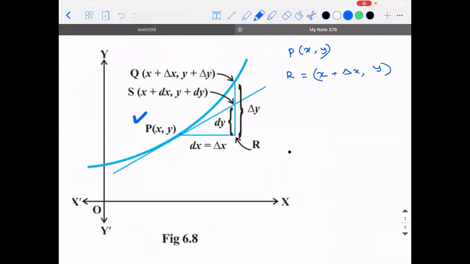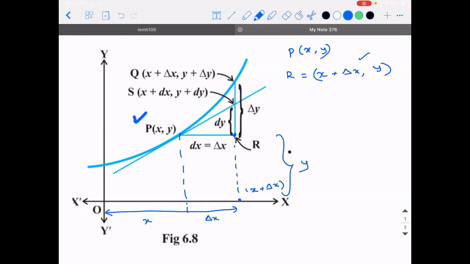Why? Because this point, if I drop a perpendicular, how much is this distance? This distance is x and this distance is delta x. So this distance total will be x plus delta x, and this distance is y. So x plus delta x comma y. Understood?